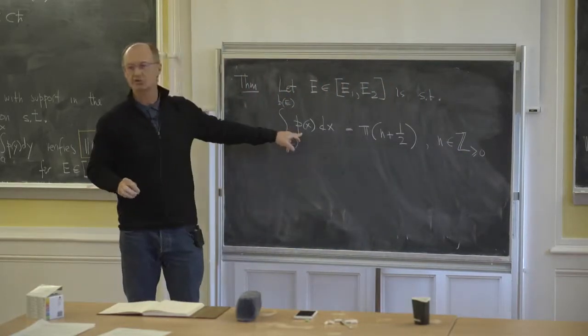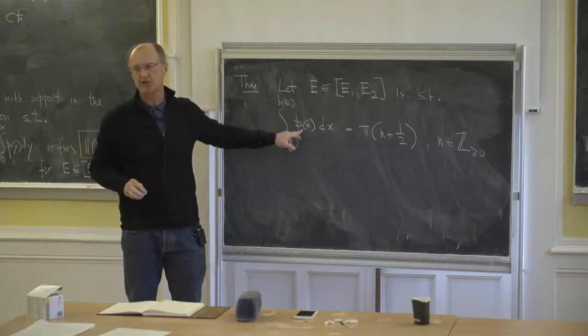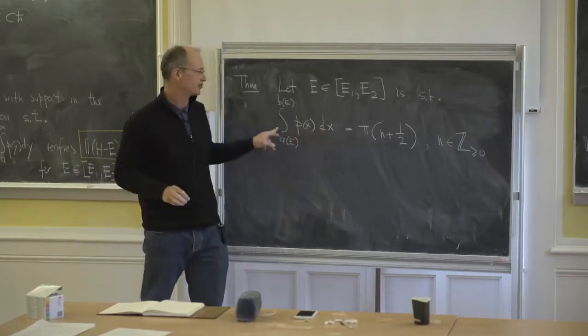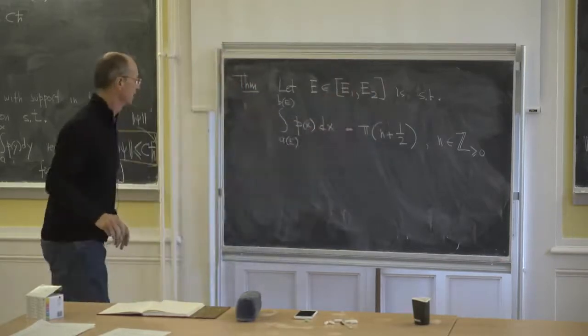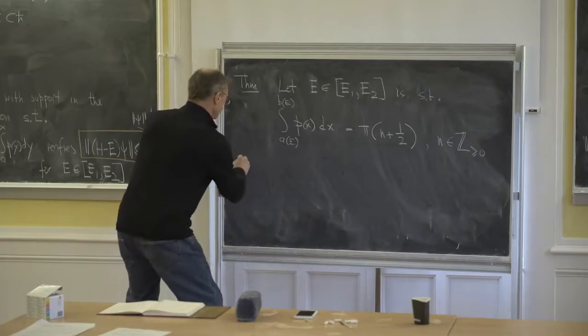Anyways, I choose the branch of the square root such that this guy is positive. So then this cannot be negative.